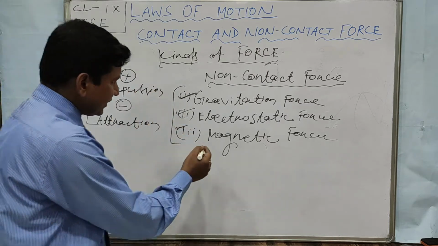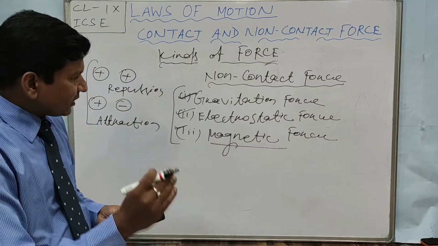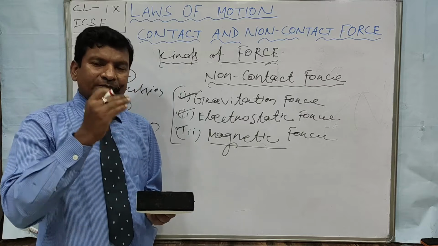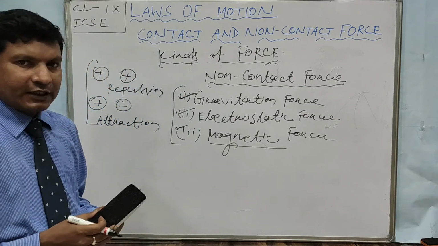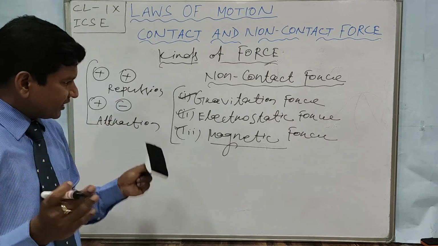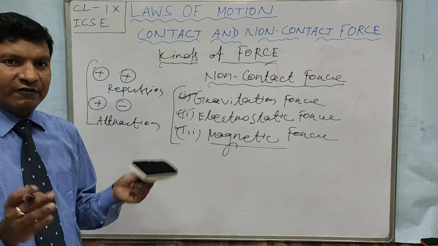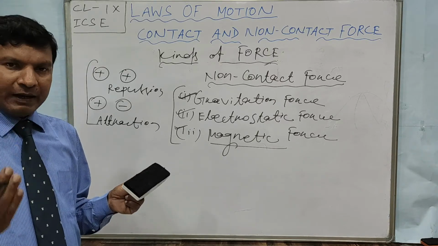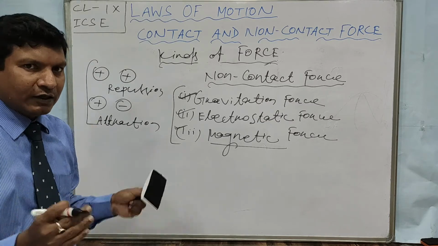So first you understand here, what is the magnetic force? The force of attraction or repulsion of the magnetic poles is known as the magnetic force. In the same way, if the north pole of one magnet is approaching towards the north pole of another magnet, then what will happen?